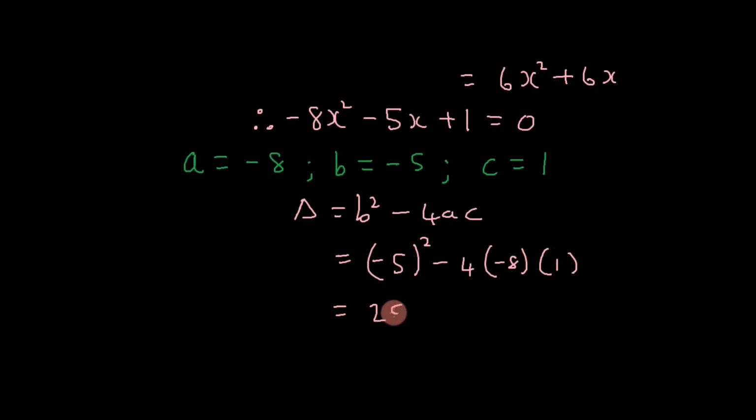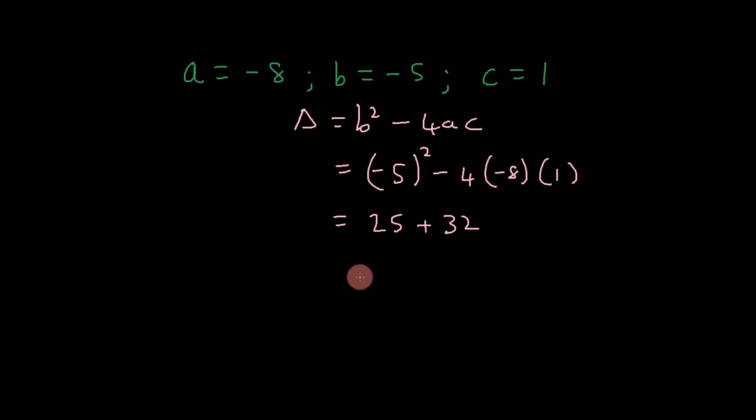So this is 25 plus 32, which is 57. So we can see that delta, firstly, is greater than 0, and it's also not a perfect square.